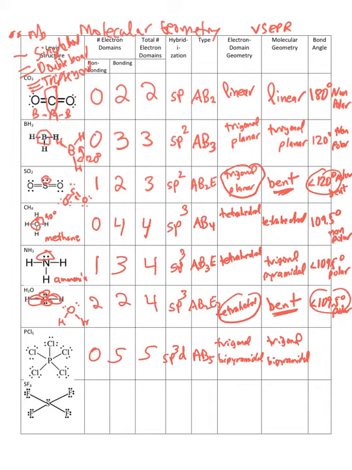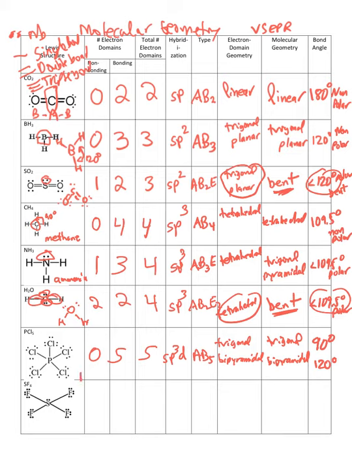And the equatorial are around the center of the atom, the equator. There are 2 axial atoms and there are 3 equatorial atoms. So if you look between an axial and an equatorial, that bond angle is 90 degrees. And if you look between the equatorials, they're 120 degrees.